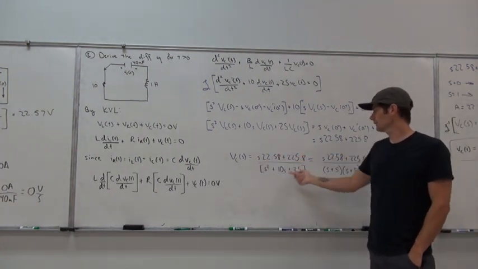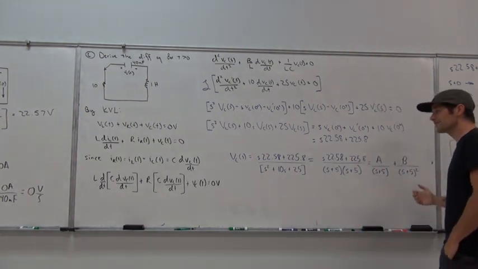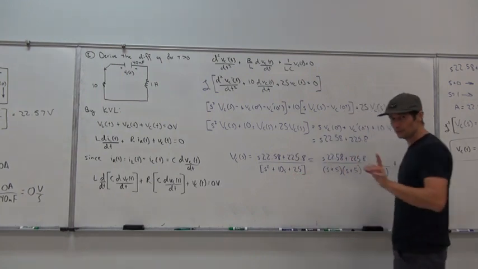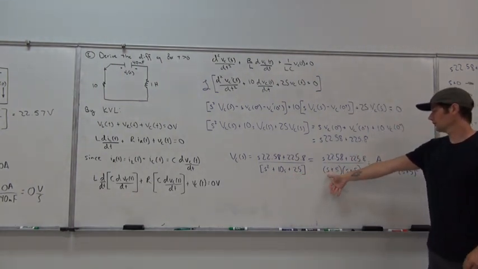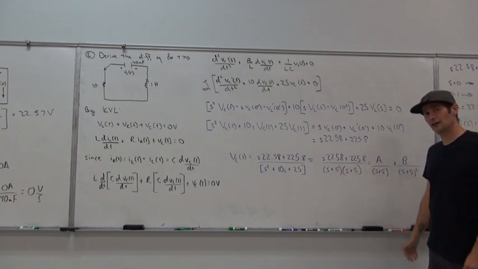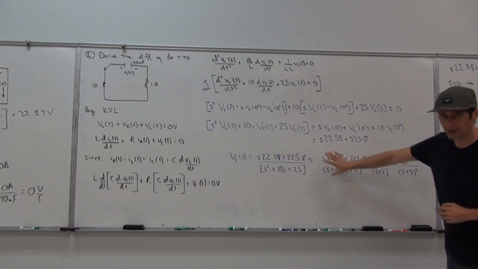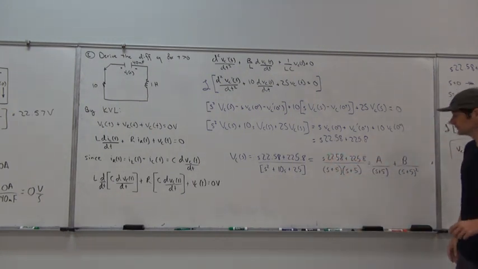So we go ahead and solve for VC of s. The numerator is going to be divided by essentially that characteristic equation. And we can see that by factoring s squared plus 10s plus 25, we get two repeated roots: s plus 5 times s plus 5. Remember, we can't take the inverse Laplace transform of this just yet. We have to have it in simple terms.